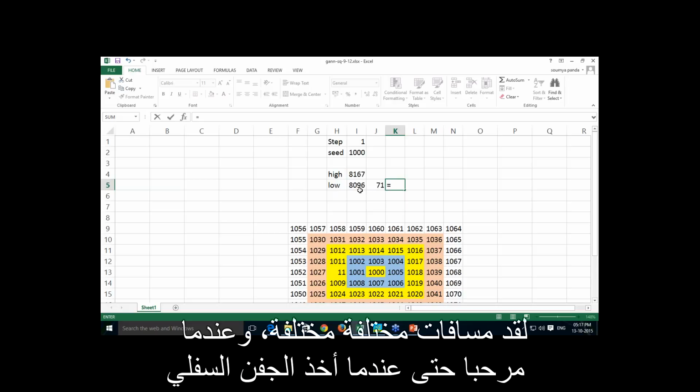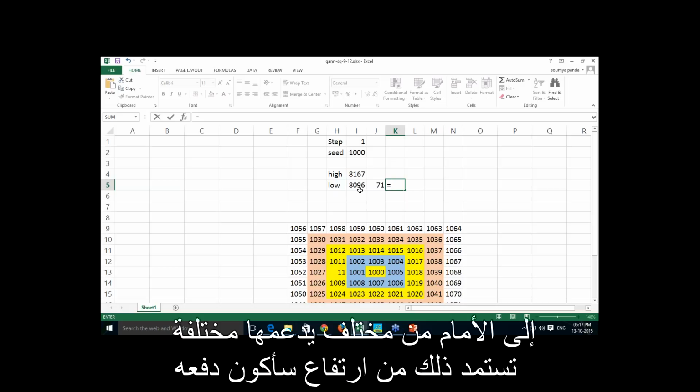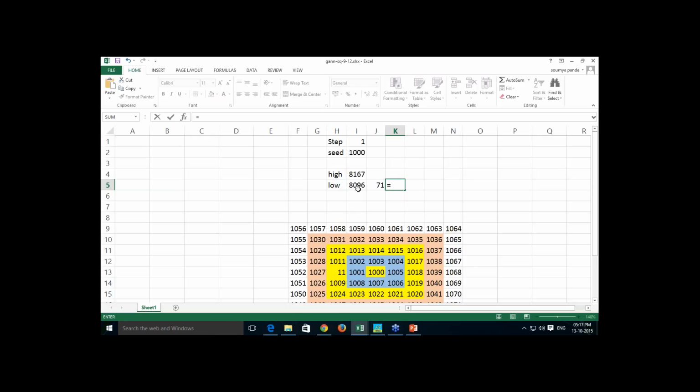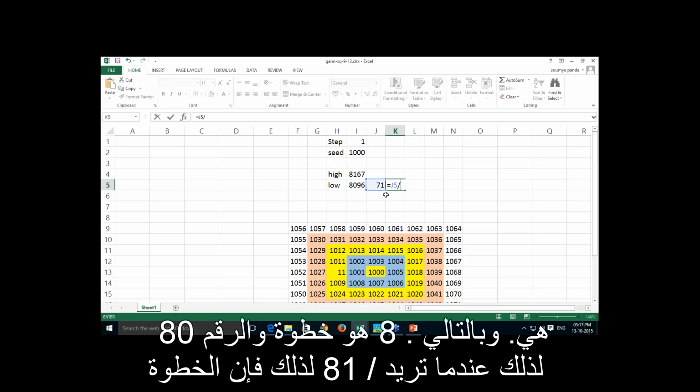When I take the low, I will derive different resistances, and when I derive it from the high, I will be deriving different supports. So suppose I take this low and I want 81 numbers, what will be the step? 71 divided by 81, so the step is 0.88.